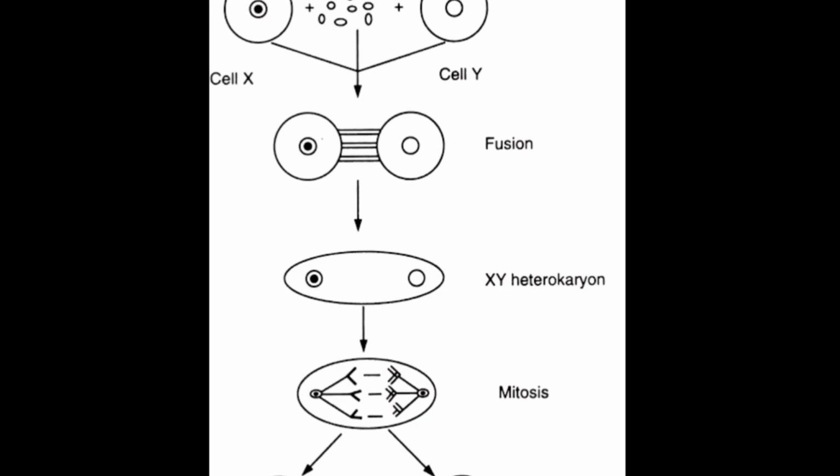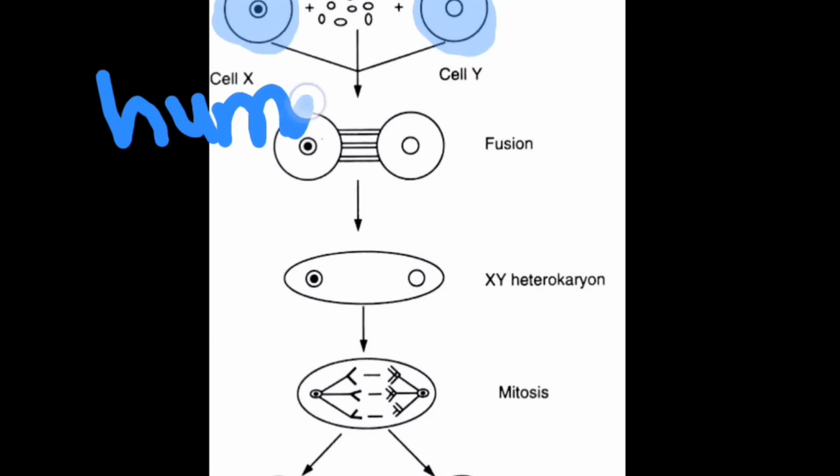Now let's go to the diagram here. We can observe that the first cell is called cell X and the second cell is called cell Y. In this case, the cell X I have chosen is the human cell, and cell Y is none other than the mouse cell.